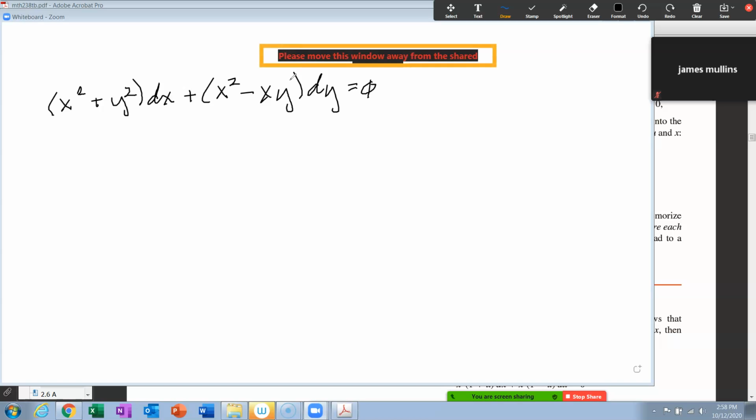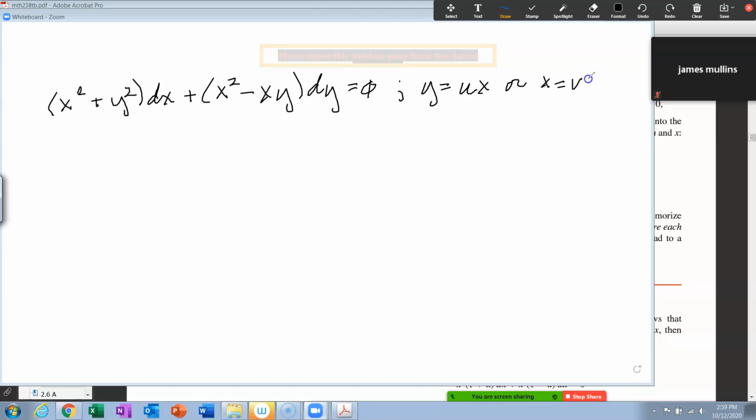Okay, and since it is homogeneous, we can use the substitution that we were talking about. Now remember, they were one of two. Either y is equal to ux or x is equal to vy.